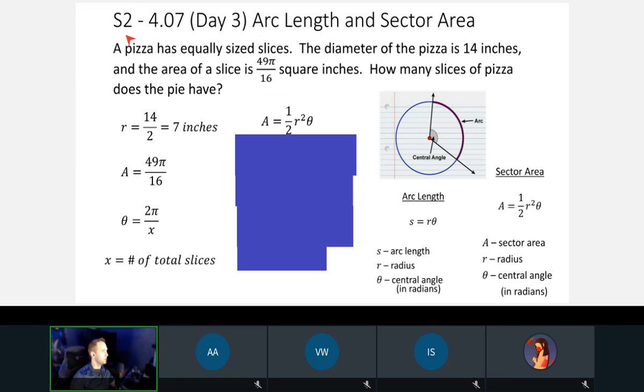Now, in this formula, we are going to plug in what A equals, what R equals, and what theta equals. We're going to plug in everything that we know. And once you plug everything in, what do you think we do next?